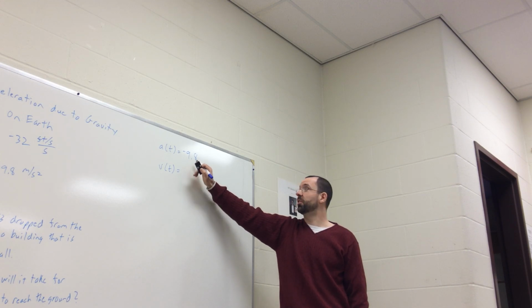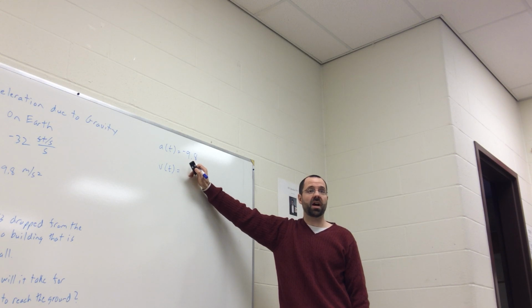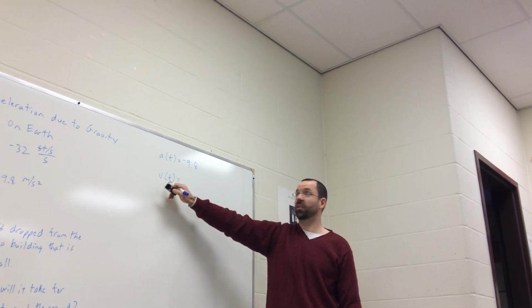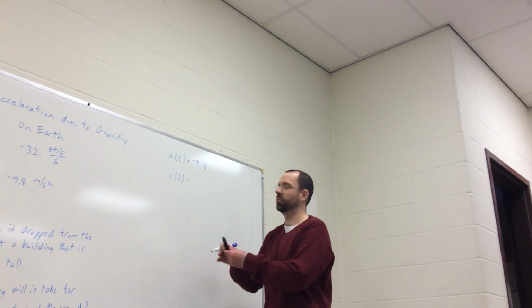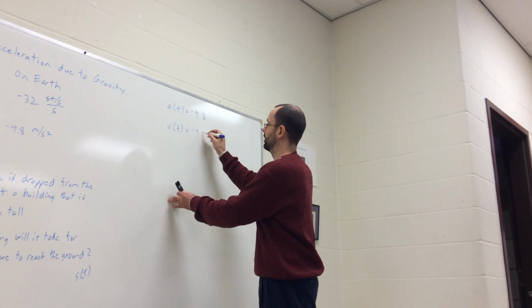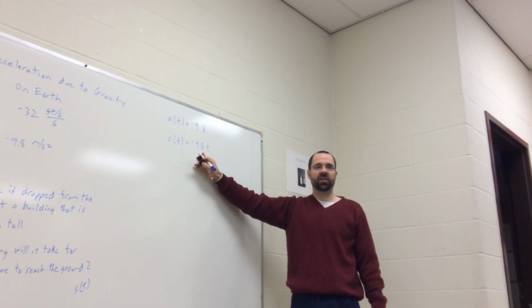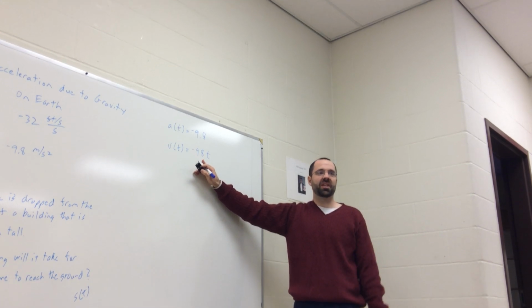So the backwards derivative of this number will be this number times x. Actually, x is slightly wrong because the variable is t. So it should be negative 9.8t. But you guys were thinking good, and I didn't want to shoot you down right away. xt, it's basically the same thing.